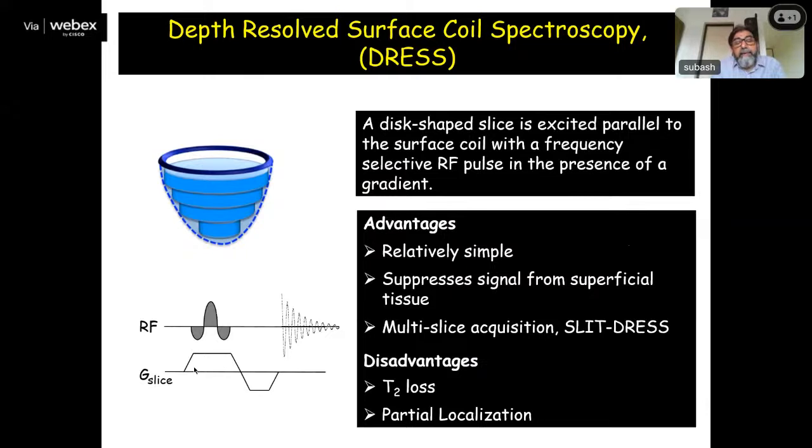There are techniques available where you can select a voxel also. They are very time consuming and very difficult to implement on MRS. One such sequence is the ISIS sequence, which was used for some time, but now it has been given up because it was very complex and used to take a lot of time in doing the measurement.